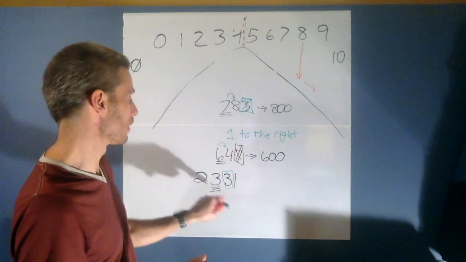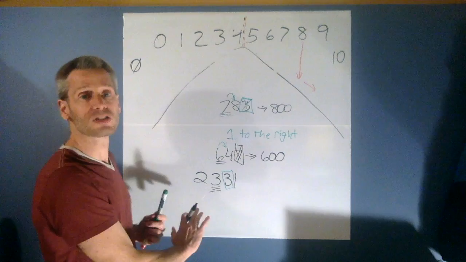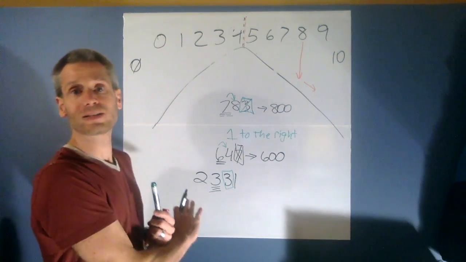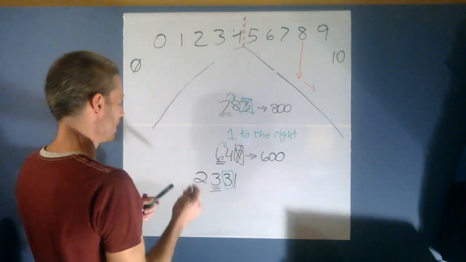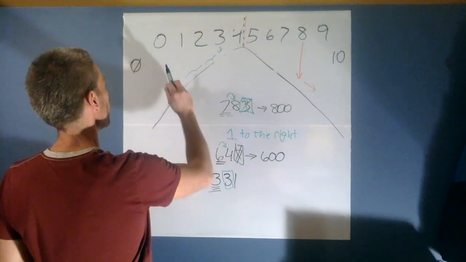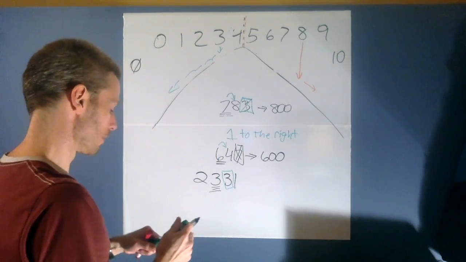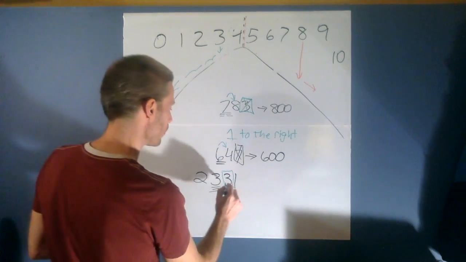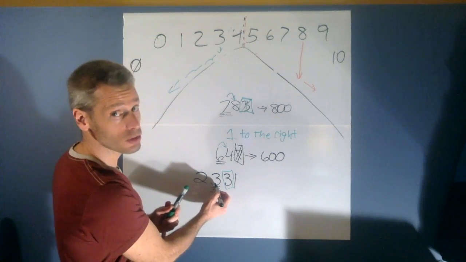All I care about right now is that number. So this 1 doesn't matter. This 2 doesn't matter. The 3, when it hits my mountain, it drops down, and it's going to roll downwards. So I'm rounding down. So that 231, this 3 tells me this number stays a 3.